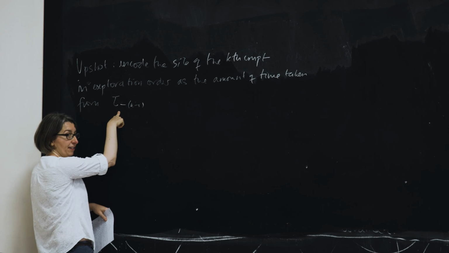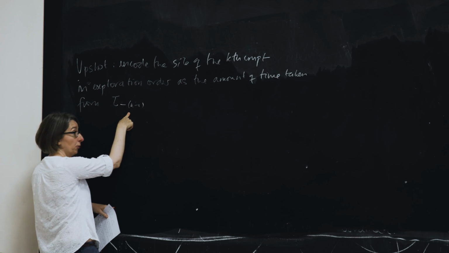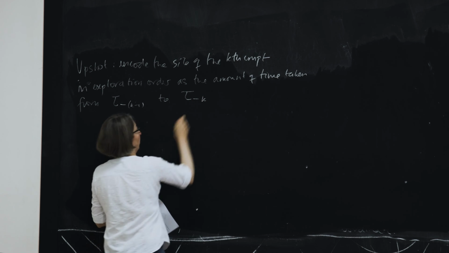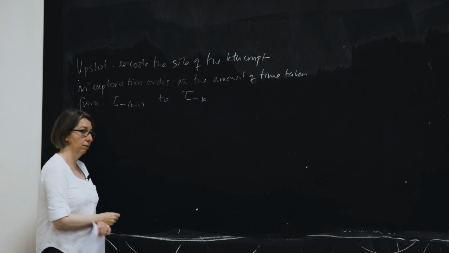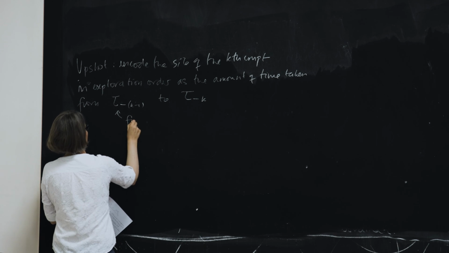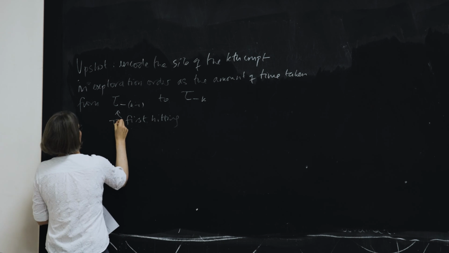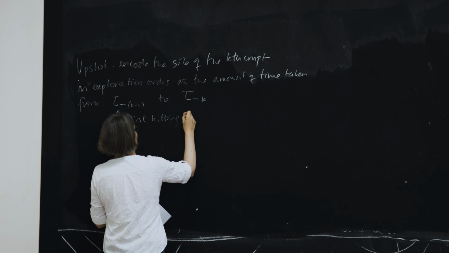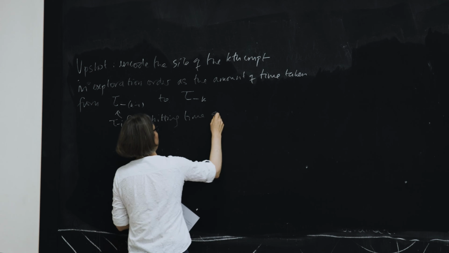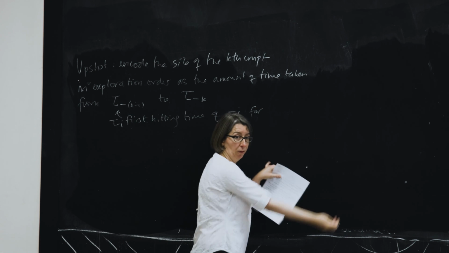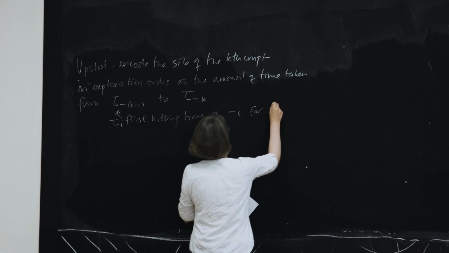So this is the first hitting time of minus k minus 1 to the first hitting time of minus k. Okay, so these are first hitting times. So tau minus i is the first hitting time of minus i for this big depth first walk that I'm defining.